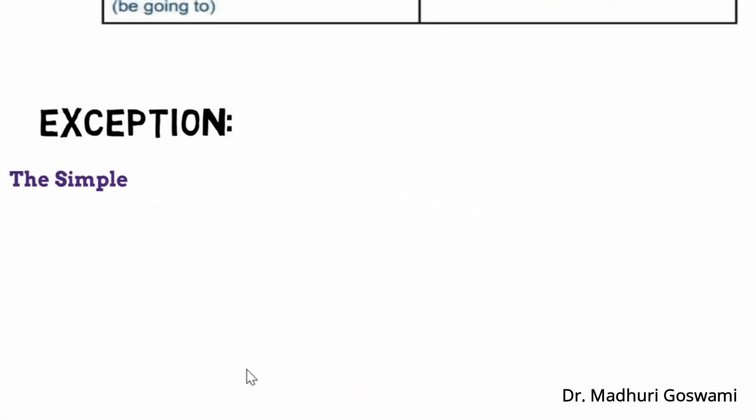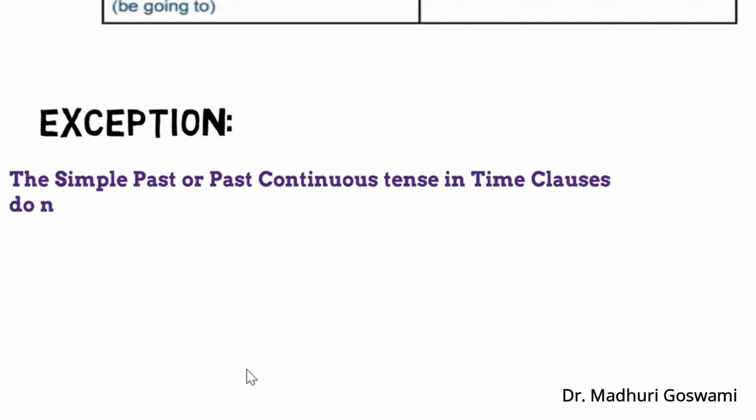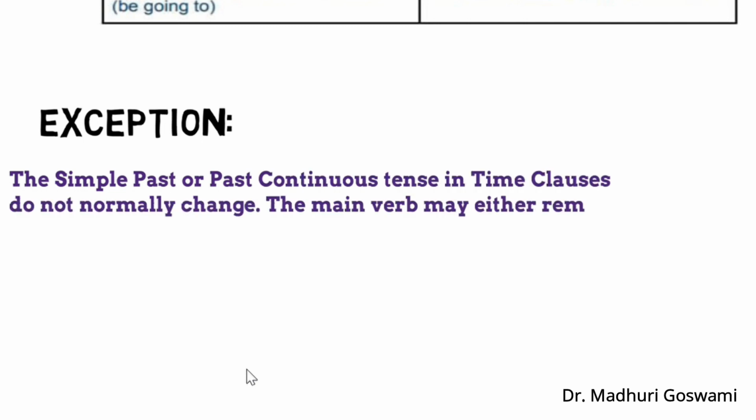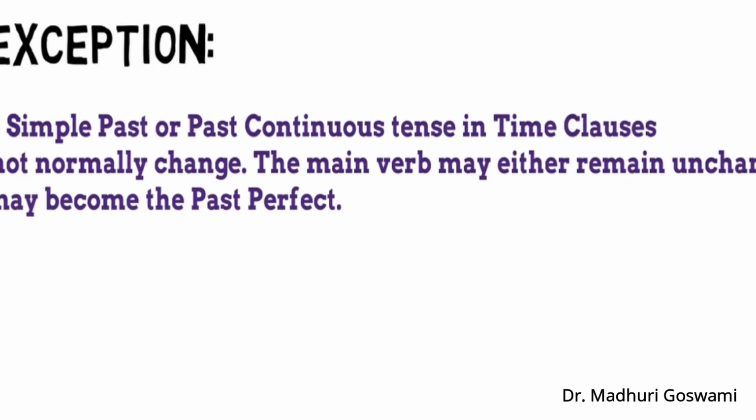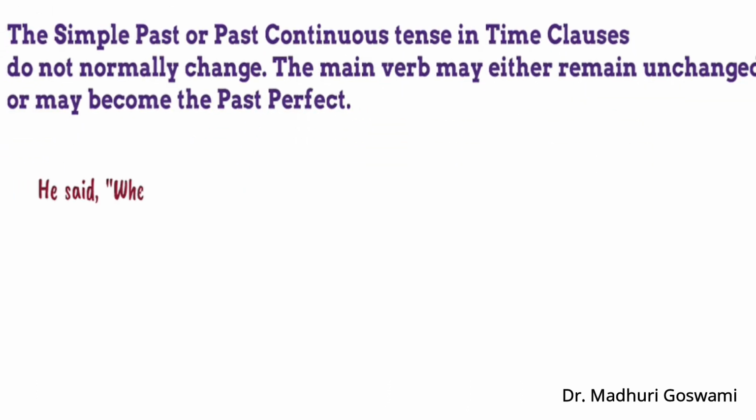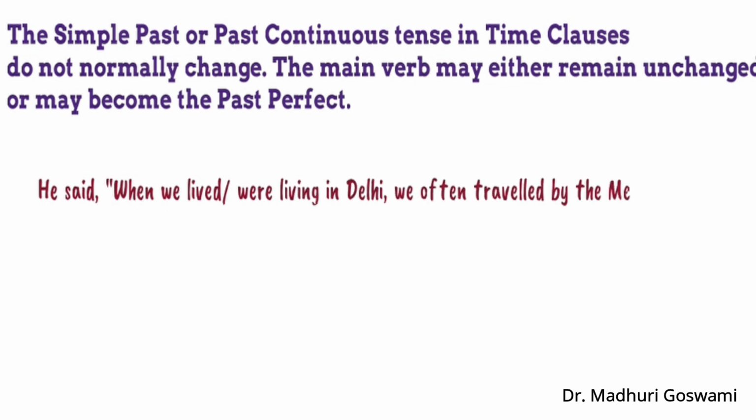The simple past or past continuous tense in time clauses do not generally change. The main verb may either remain unchanged or may become the past perfect. Let's have a look at this example. He said, "When we lived or were living in Delhi, we often traveled by the metro."